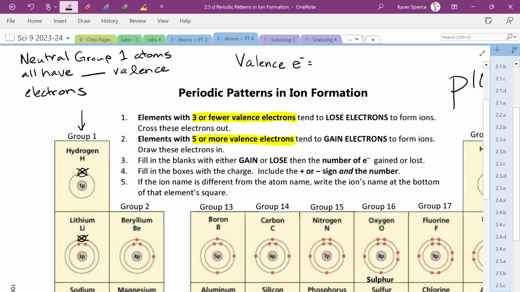Neutral group 1 atoms all have blank valence electrons.